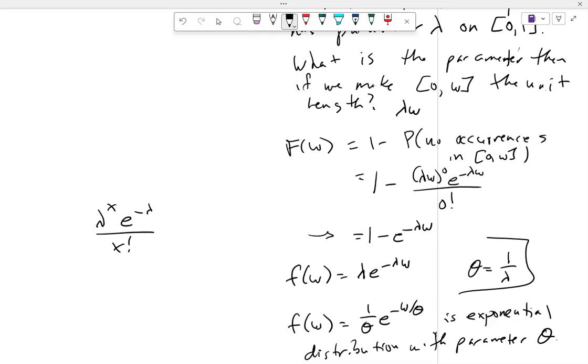I've defined it this way, and a lot of times there is a reason why. We'll see why. We're just defining theta to be the reciprocal of lambda. It kind of makes sense.